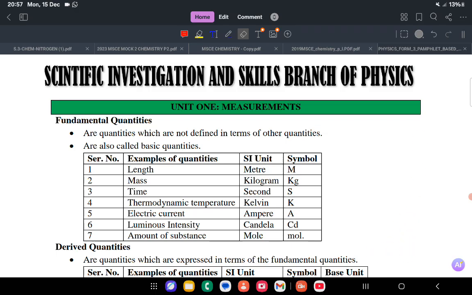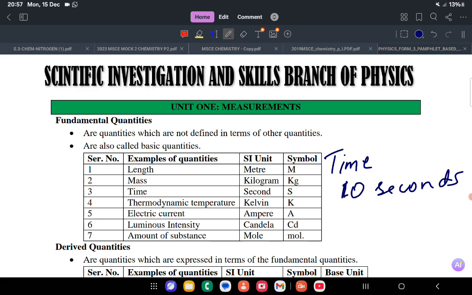Let's suppose we have measured time taken for an athlete to run from one point to another. Let's say you got a time of 10 seconds. Let's suppose it took someone 10 seconds to run from one end of a football ground to another.